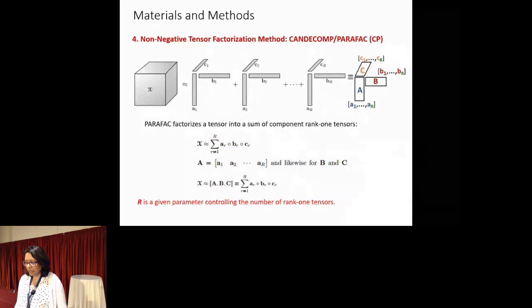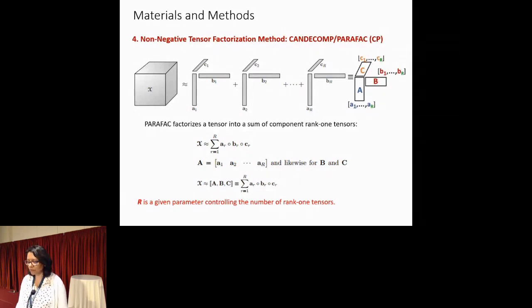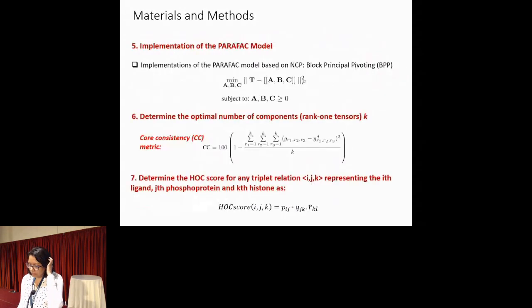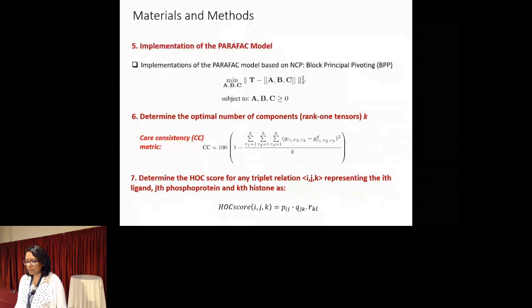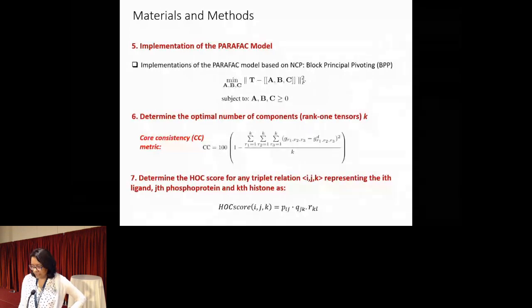And there's an R, a parameter controlling the number of rank 1 tensors. We then use this objective function where you minimize the tensor with respect to the summation of the latent factors that you see, and of course, we impose the non-negativity constraint here.